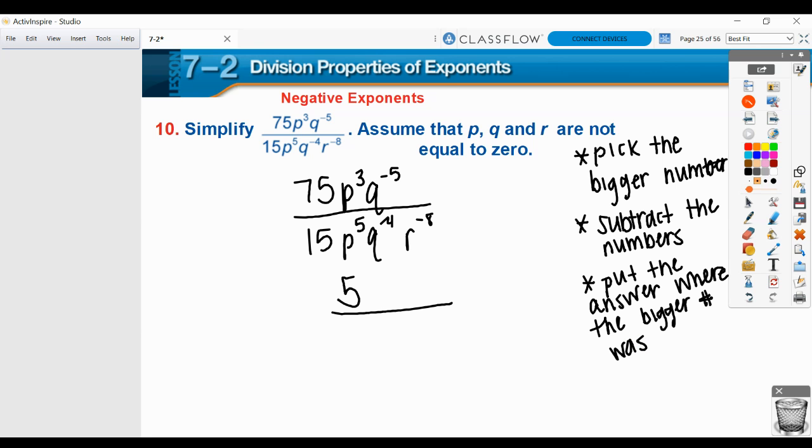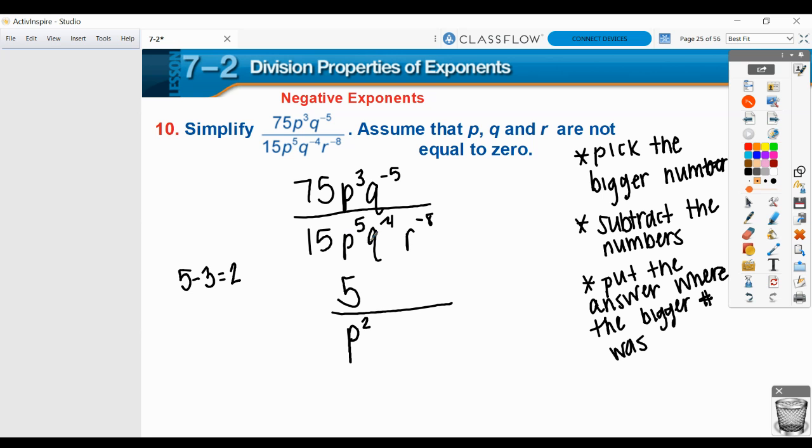Okay, so if you look at the p's, you have 3 and 5. 5 is bigger, so we are going to subtract and do 5 minus 3, which is 2. Since the 5 was in the denominator, the answer p squared goes in the denominator.